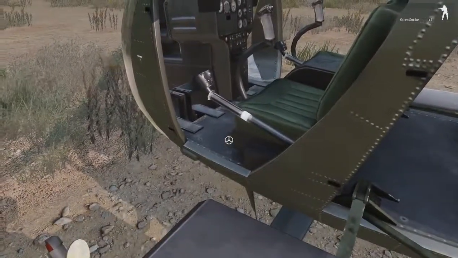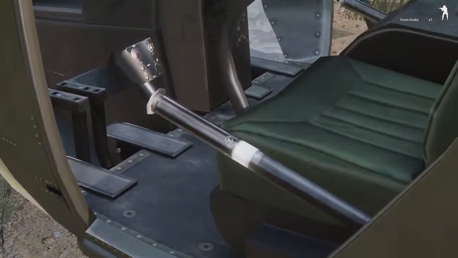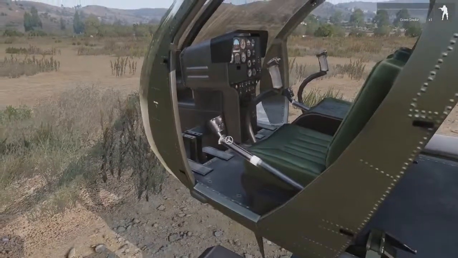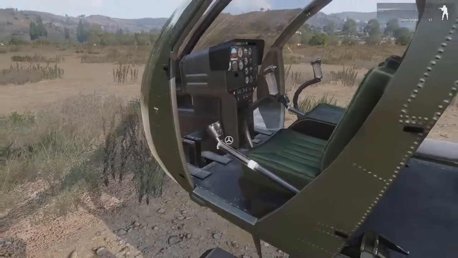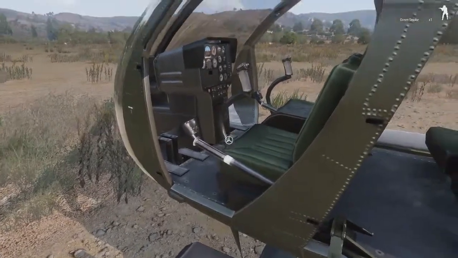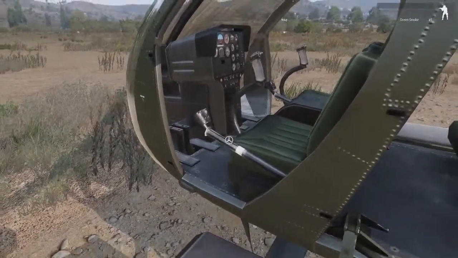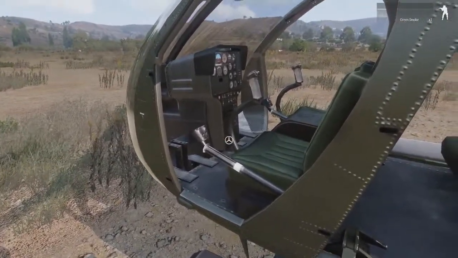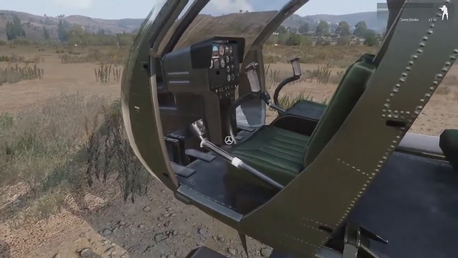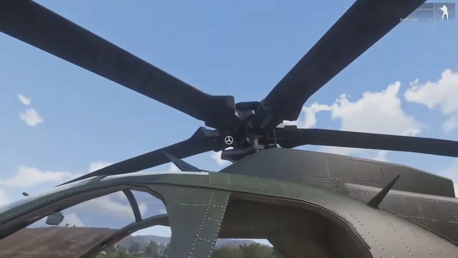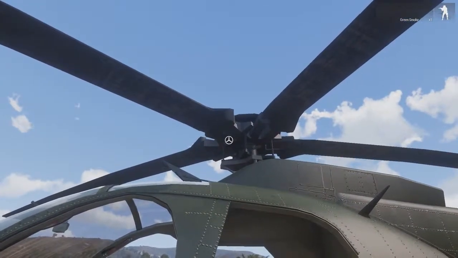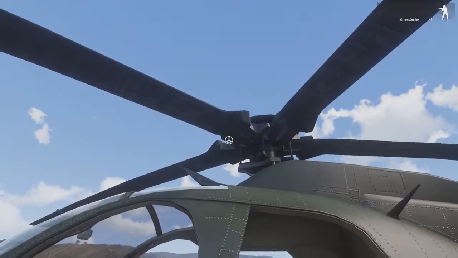And thirdly, you have this weird thing here, which sticks up, and that is the collective. The collective has 2 main controls on it. In the ARMA standard model, you won't need to worry about what they are. They'll be integrated into one. One thing the collective does is change the angle of attack of the rotor blades, which means it will either bite into the air harder or easier.